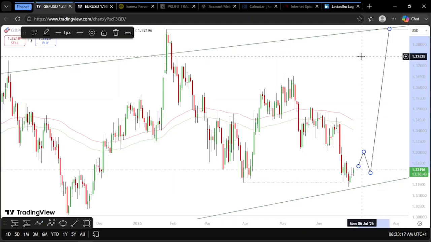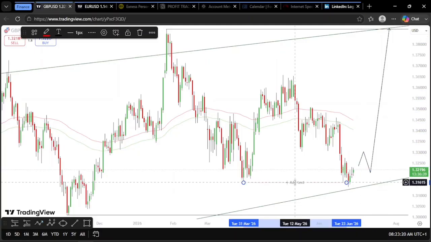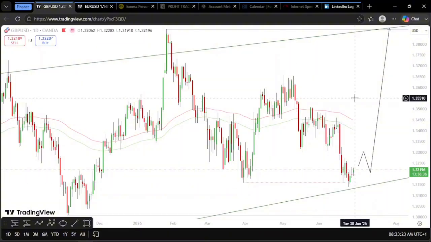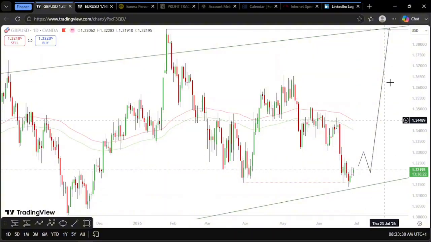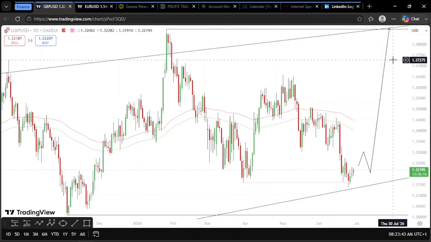If you didn't watch my last weekly vlog, I mentioned what happened to me on GBP USD right around this area here. So what I'm looking for now is price to break above this high here, then you can look for a retracement and entry to take opportunity of a bullish move to this area here.